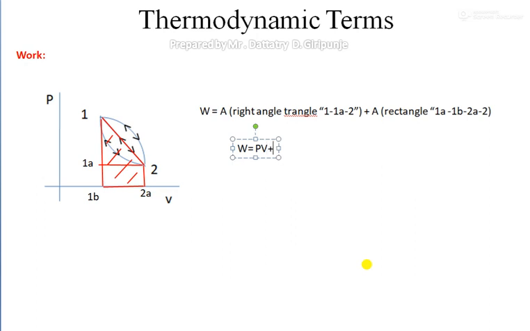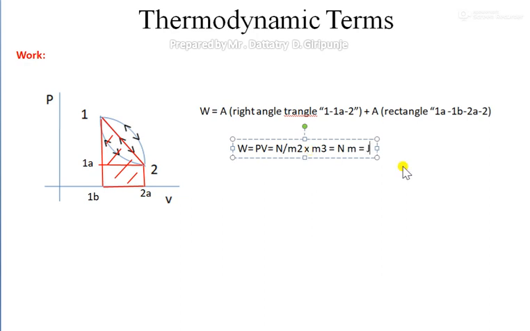The unit of pressure is Newton per meter square. I am supposed to multiply Newton per meter square by volume, that is meter cube. Multiplying the units, I get Newton meter, which is nothing but what?